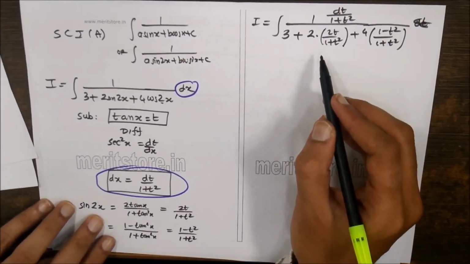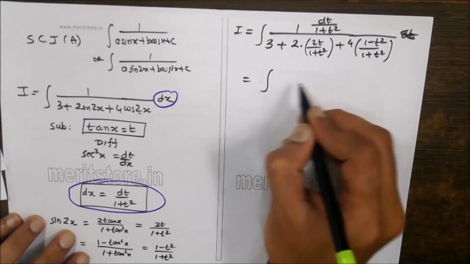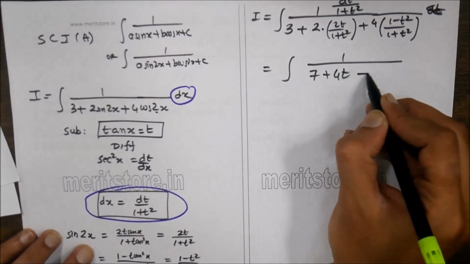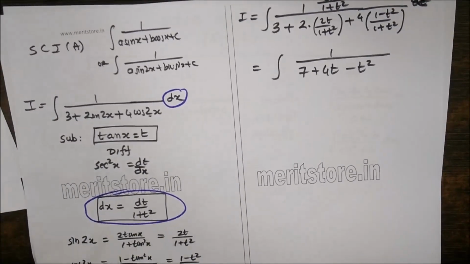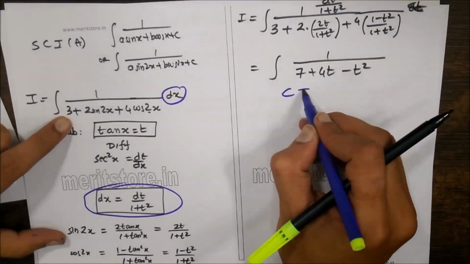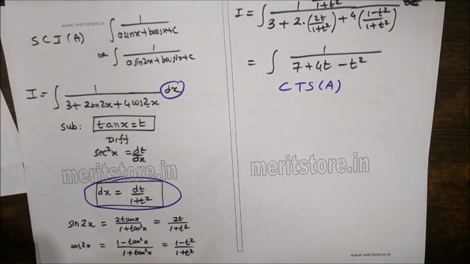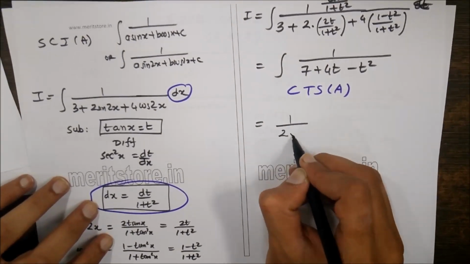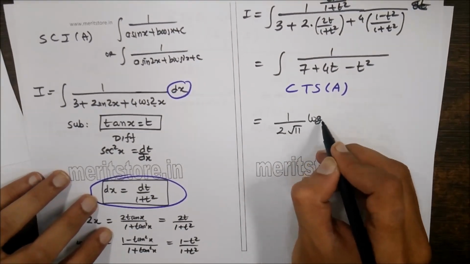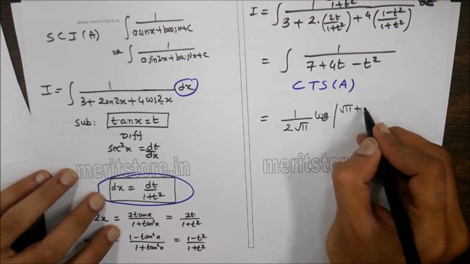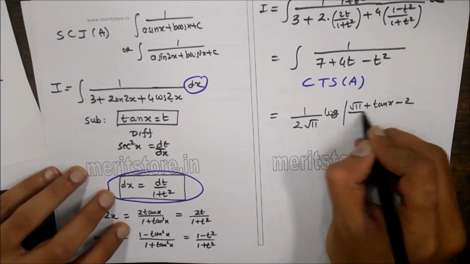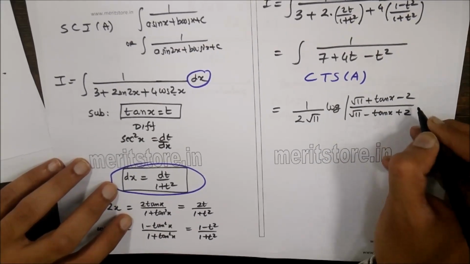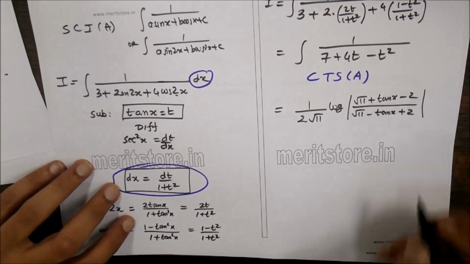After taking the LCM and simplifying, we get the integral of 1 upon 7 plus 4t minus t square, which goes under the category of CTS type A, which we learned. On applying the formula, our answer turns out to be 1 upon 2 root 11 log mod root 11 plus tan x minus 2 upon root 11 minus tan x plus 2, plus c.